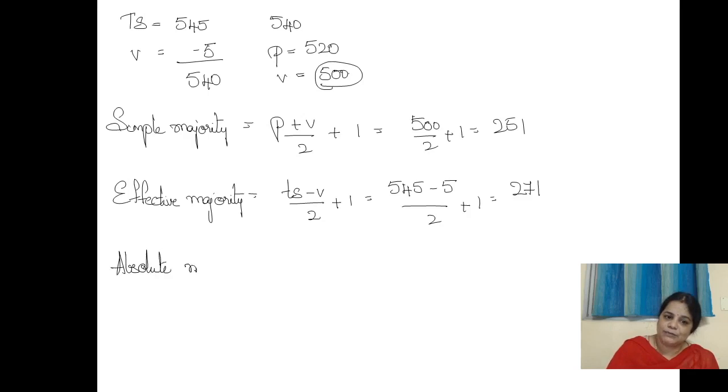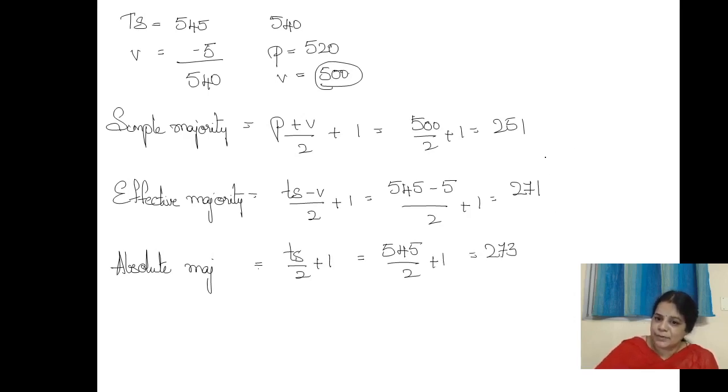Absolute majority will be total strength divided by 2 plus 1, nothing but 545 divided by 2 plus 1, which is 273. Do you notice that as we move on, the majorities are increasing: 251, 271, 273. So this is how we calculate.